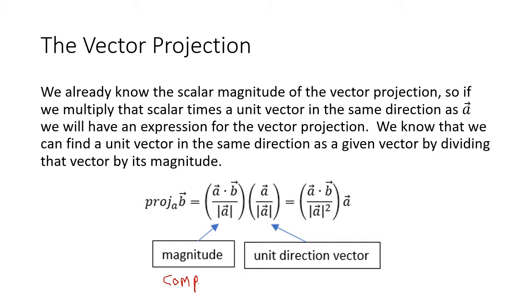And so our unit direction vector is now A divided by the magnitude of A. And again, if we want, we can simplify it a little bit because we have the magnitude of A times the magnitude of A on the bottom, which is the magnitude of A squared. We could use property one of dot products to write that as A dot A if you wanted. So it would be A dot B over A dot A. But again, that doesn't necessarily help us too much. And then obviously that vector A gives us direction and actually makes it a vector.